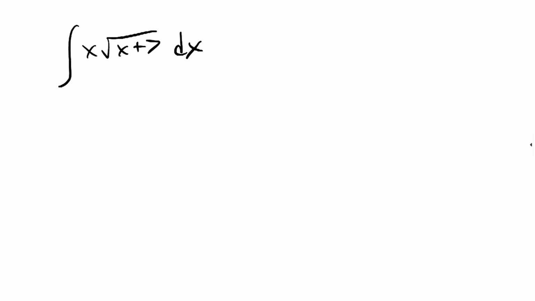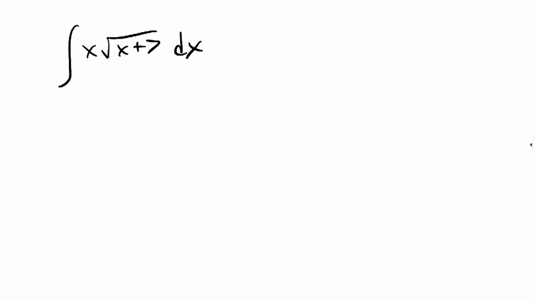Now, let's say you couldn't do u-sub. The actual way to do this is to foil this out, or actually, I don't think that even works. Okay, so anyways, what we're going to do here is a u substitution.